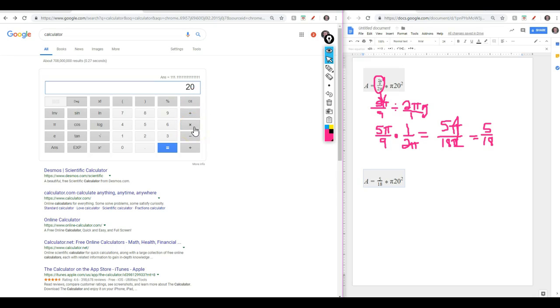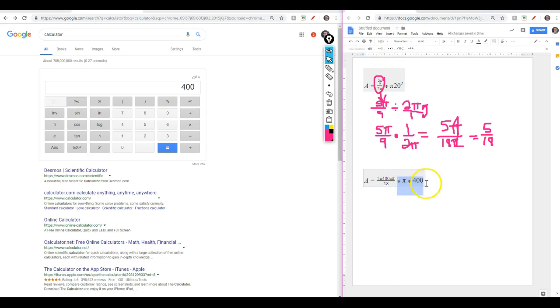So what is 20 squared? It's 400. So this again could be rewritten as 400. Remember that's being multiplied. Again, we can multiply all of the numerators together. So this would be 5 times pi times 400, or I could say 5 times 400 times pi, because you can rearrange the order in which numbers are multiplied.